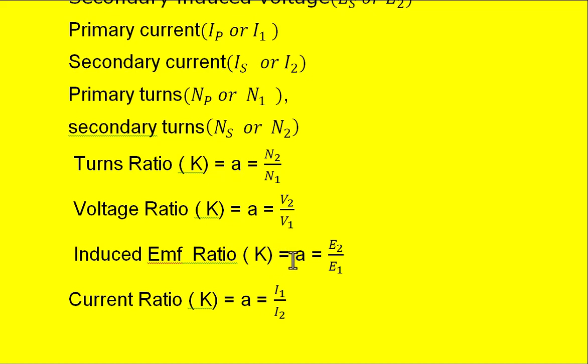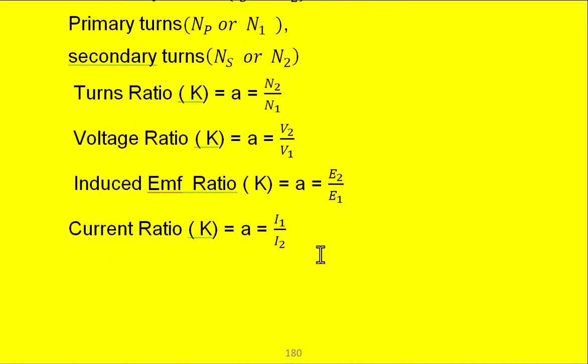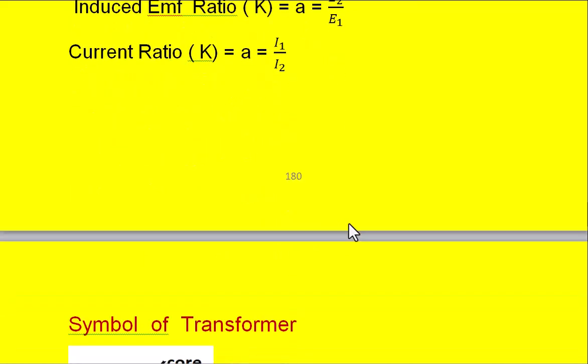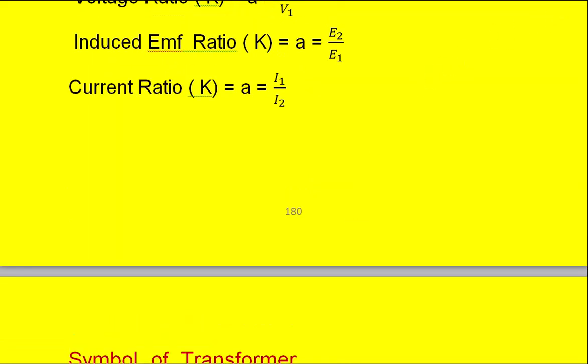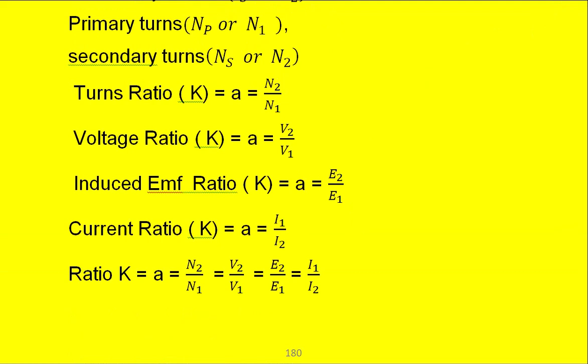Similarly, the induced EMF ratio is represented with K or small a, equal to E2 by E1. Similarly, current ratio is represented by K or small a, equal to I1 by I2.